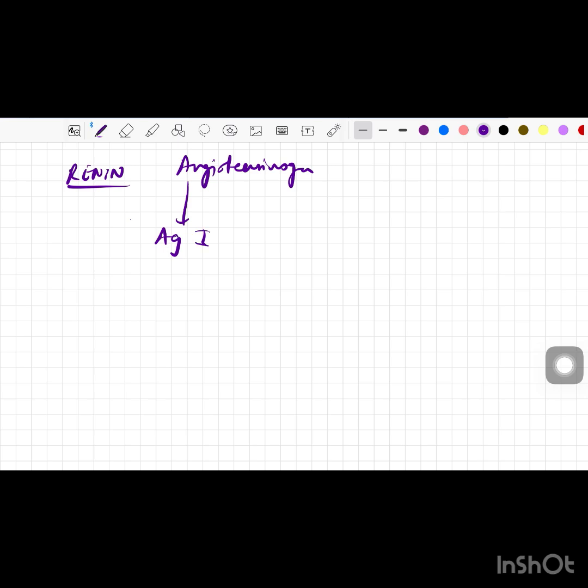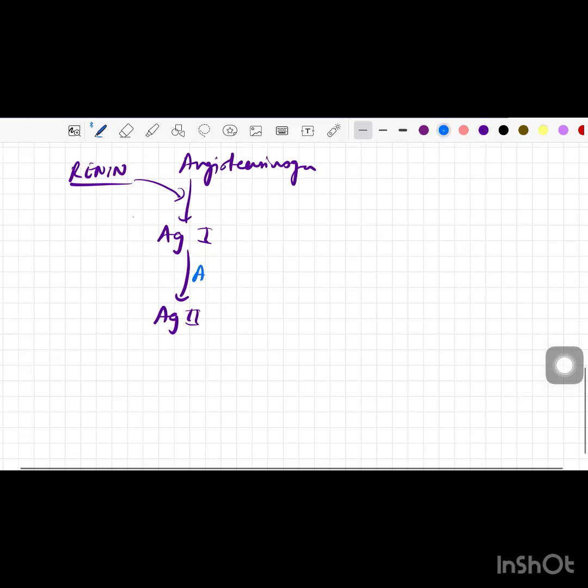Now this angiotensin 1 is converted into angiotensin 2 with the help of an enzyme, angiotensin converting enzyme, which occurs within the lungs in the pulmonary circulation.